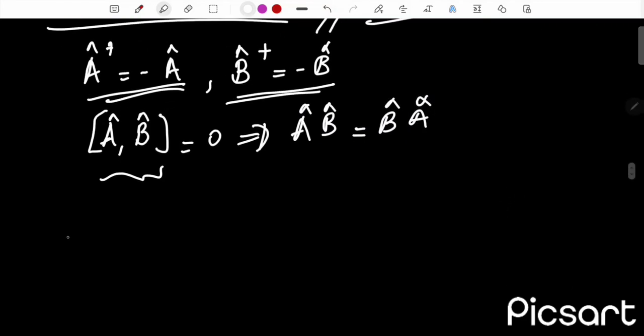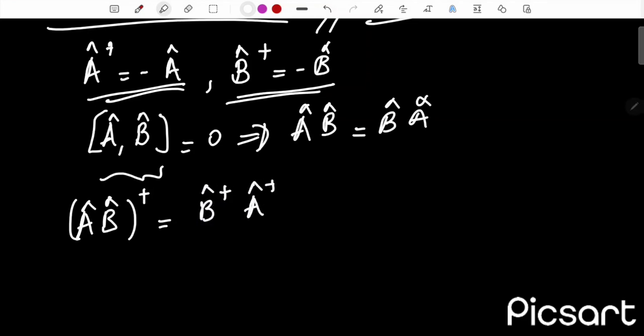On the other hand, we can now take the product of a by b, and if we take the conjugate operator of this product, we have b dagger times a dagger. This is a property that we mentioned in the previous video where we introduced the conjugate operator.